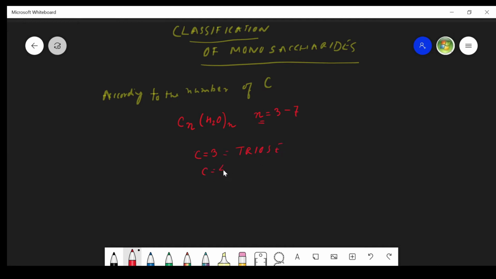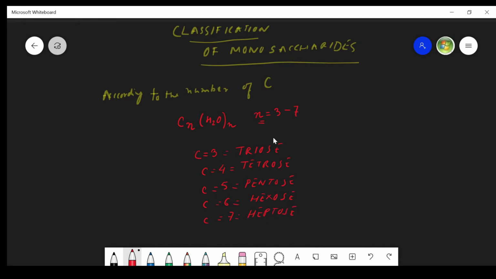If we put C equal to 4, then we call it tetrose. If there are 5 carbons, we call it pentose. If there are 6 carbons, we call it hexose. And if there are 7 carbons, we call it heptose.